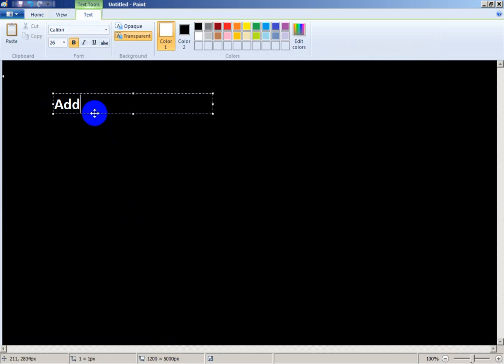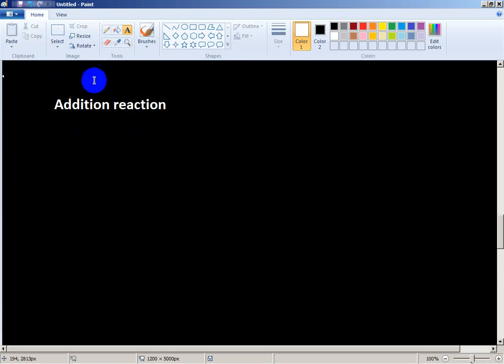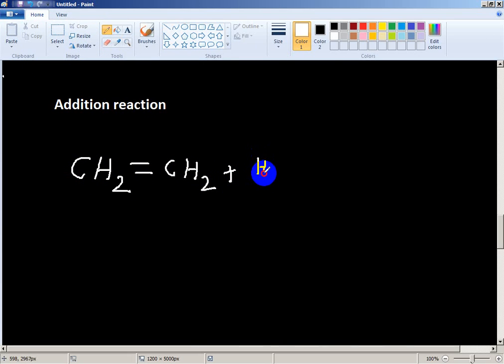Here, like CH2, two hydrogens are added to the two ends of the bond to form a compound. So this is the addition reaction.